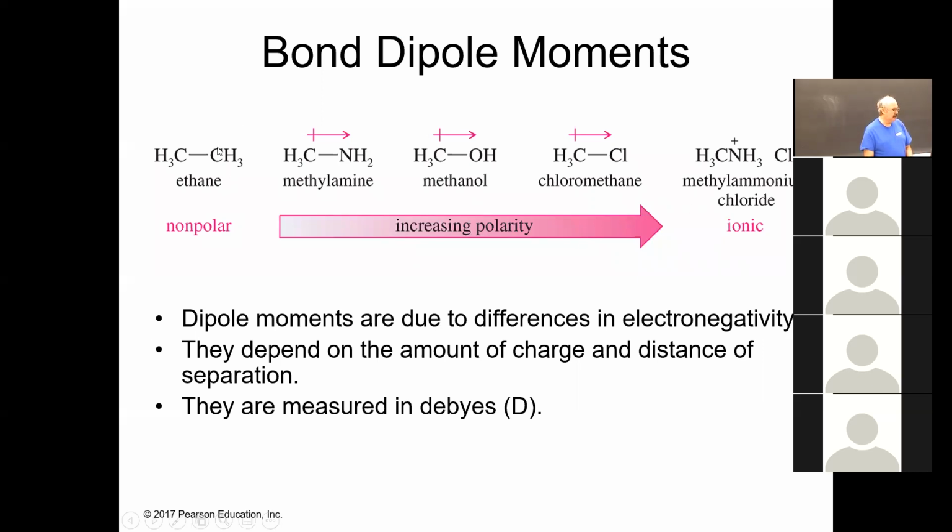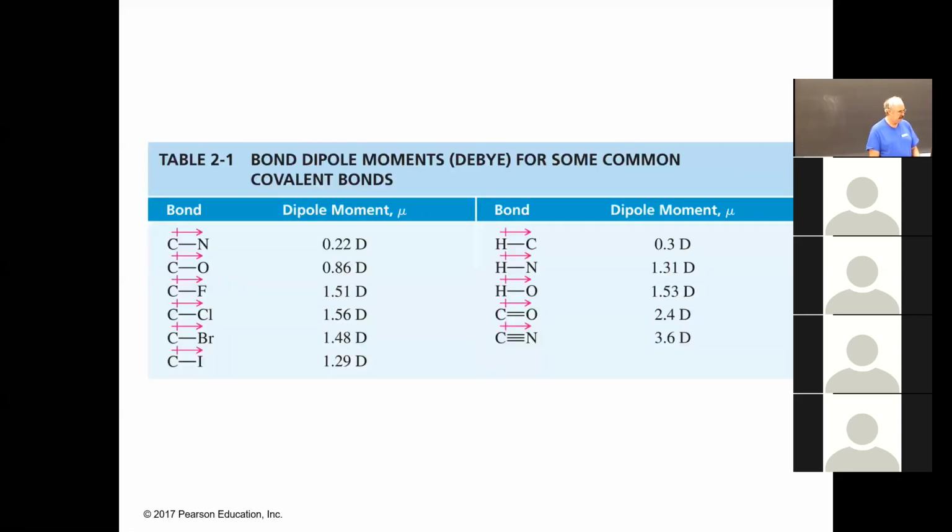Ethane is nonpolar, and as we go across this series, these become successively more polar. And then on the far right, we have an ionic compound, which involves even greater separation of charges. These are examples of bond dipoles measured in Debyes.